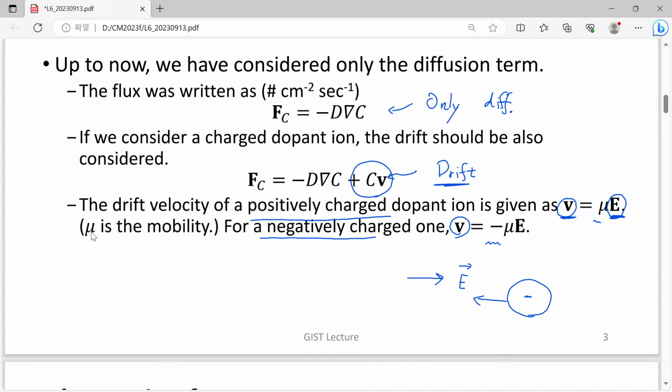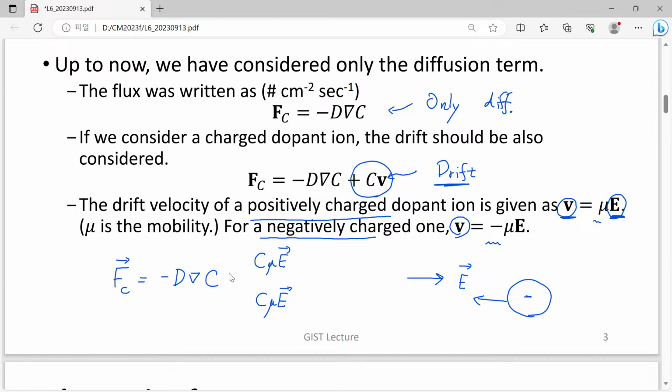However, when we insert it, let me write down the flux of our dopant C. It can be written as the usual diffusion term, and also sometimes C times mu E, and sometimes C times minus mu E. So it is very inconvenient to write down the same equation with only a slightly different sign.